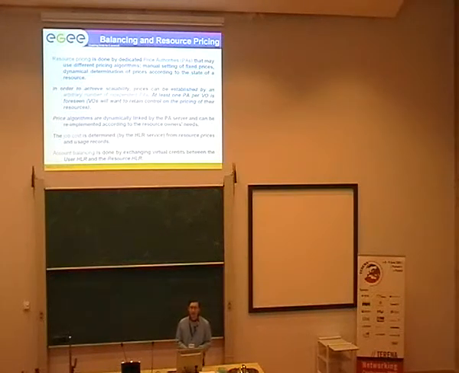Prices can be assigned manually by the site manager, or it can be possible to have an automatic algorithm that, for example, basing on computing elements load, workload, can assign a price in order to help the workload management system to balance the load on the grid.